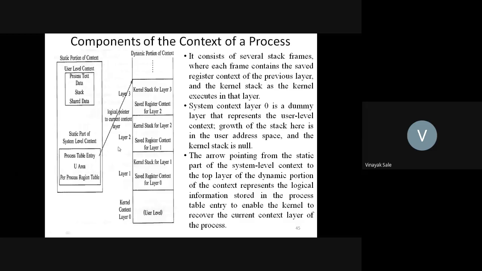There is an arrow from the static portion to the dynamic portion, that is, to the top level of the dynamic portion of the context, which represents the logical information stored in the process table entry to enable the kernel to recover the current context layer of the process.